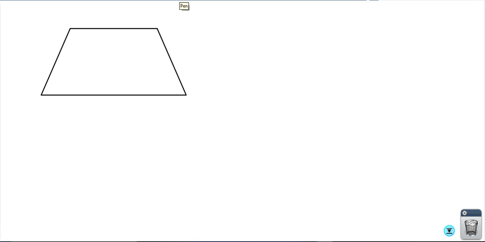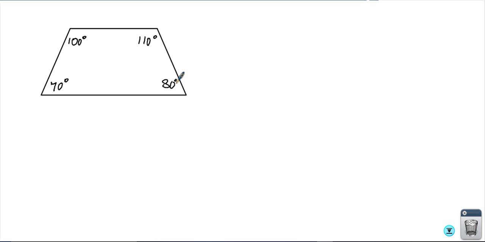Let me remind you, to be a trapezium, it should have marked on it a pair of parallel sides, which it does not have marked, so this is just a quadrilateral. This quadrilateral has some angles in it. For example, this is 100 degrees. This is 110 degrees. We have 70 degrees here. And we have 80 degrees here.